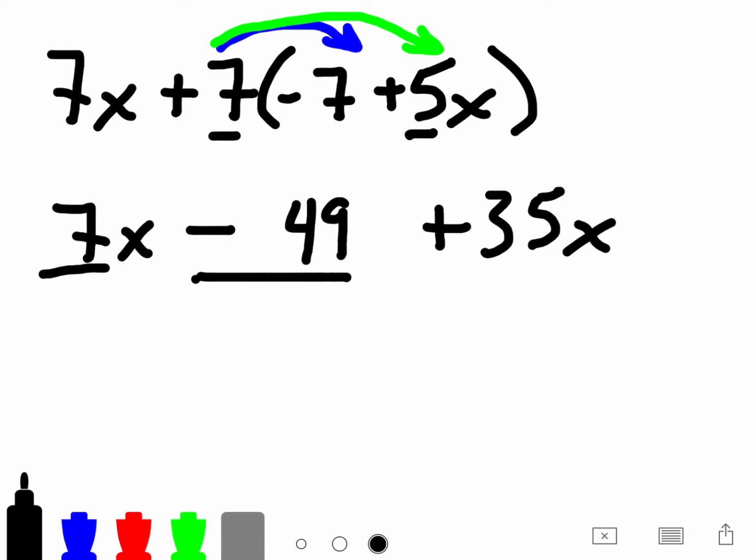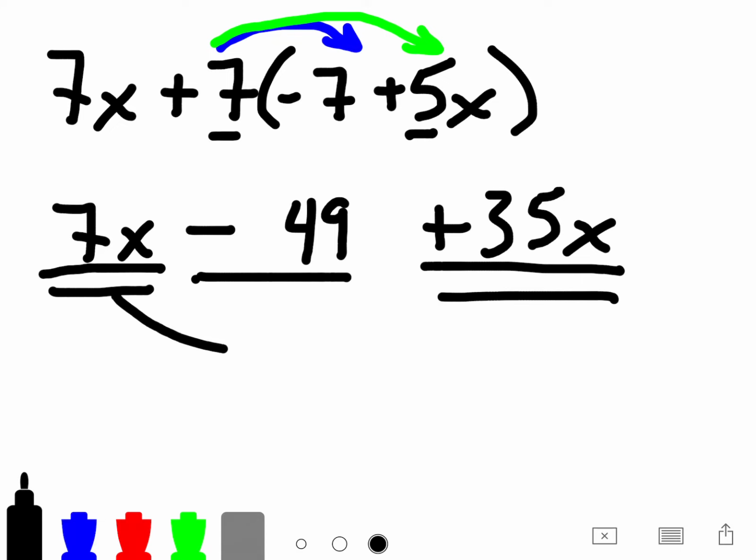So when I'm combining other things, I'm going to underline them with different numbers of lines so that I know what I'm combining and what I'm not. So I couldn't combine anything with the -49, but I don't need to erase my line. I'm just going to underline the x terms with 2 lines instead. So now I can combine my 7x and my 35x.